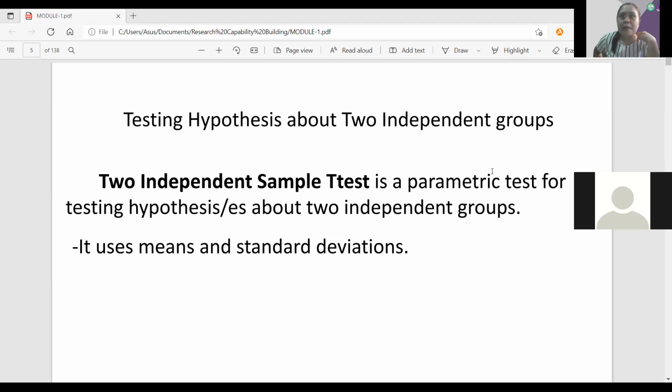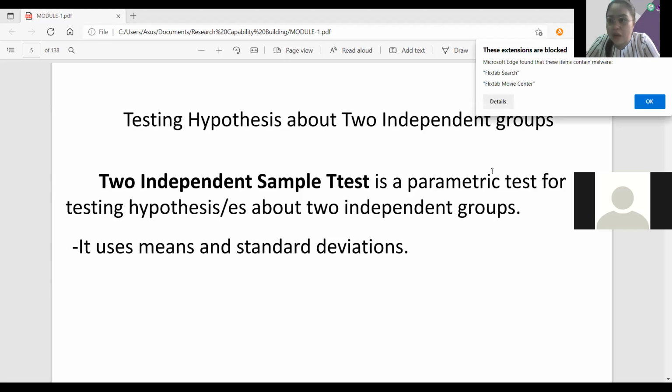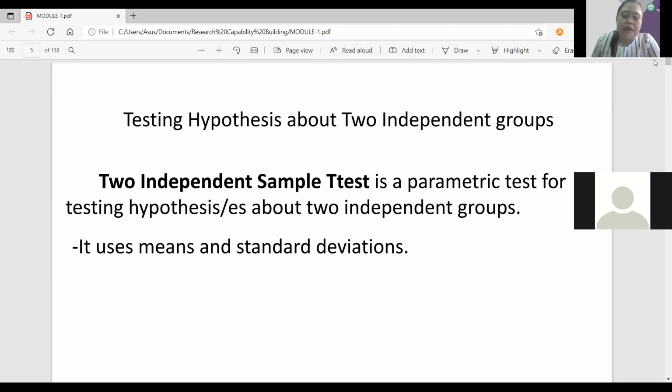So the best example there is the research na merong question in the statement of the problem asking about the demographic profile of the student, or the respondent. So like when you ask them, what is their sex, male ba or female? So we only have categories. Again, we don't have numerical values.